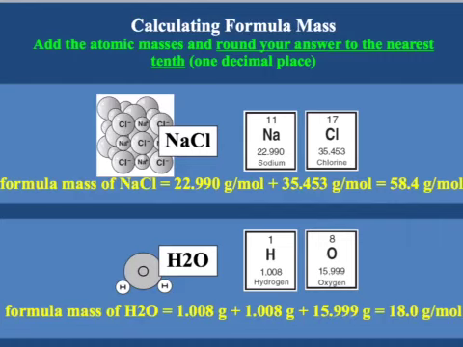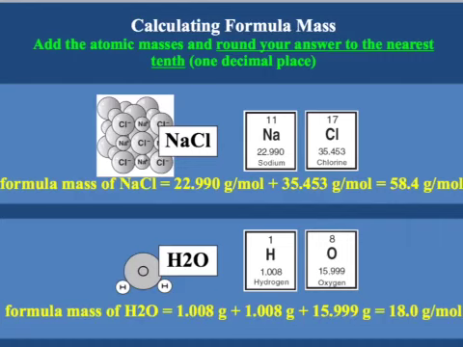Now, what happens if there is more than one of a particular element in a formula? So like here is H2O, for example. So we have 2 hydrogens. Hydrogen is 1.008, that's its mass. Oxygen is 15.999, that's its mass. Because we have 2 hydrogens, we'd have to add hydrogen twice, or we could take the atomic mass and multiply by 2.